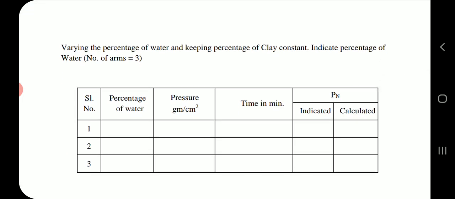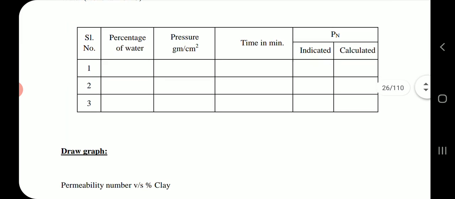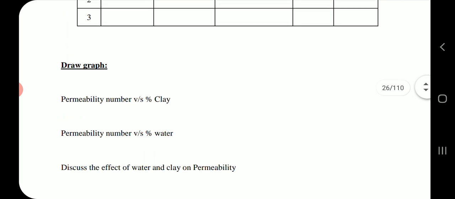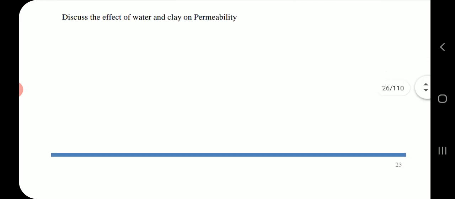Varying the percentage of water and keeping the percentage of clay constant: indicate the percentage of water, number of trials 3. Columns: serial number, percentage of water, pressure in gram per square centimeter, time in minutes, Pn indicated, Pn calculated. Draw graphs of permeability number versus percentage of clay and permeability number versus percentage of water. Discuss the effect of water and clay on permeability.